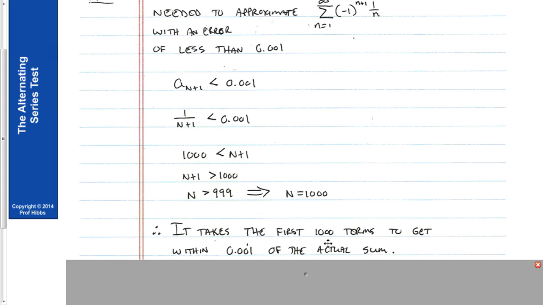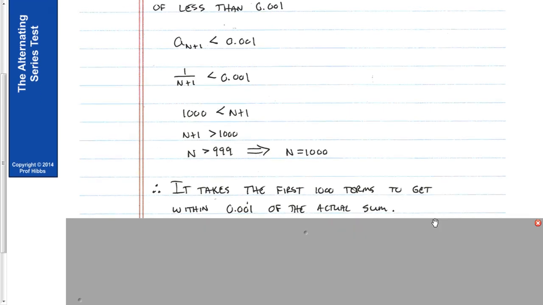It takes the first 1000 terms to get within 0.001 of the actual sum. In the last problem, we just had to add 5 terms to get within 1/1000th. And so in that case, we say it converges very quickly. Here, it converges very slowly. We're not getting a great deal of accuracy without having to add a lot of terms.